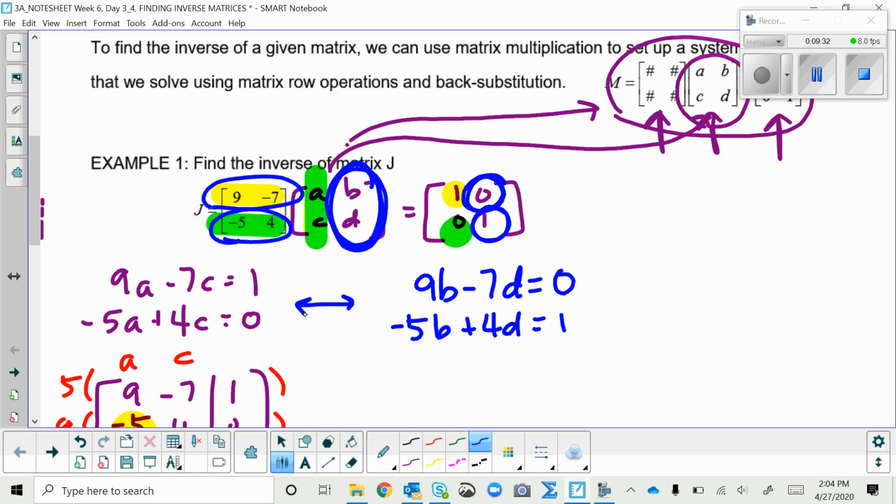So you might be tempted to think that B and D are going to be the same as A and C, but they're not. The difference is this. That's 1, 0 there, and on this system it's 0, 1, and that's going to change your math, okay? So let's go ahead and solve for B and D.